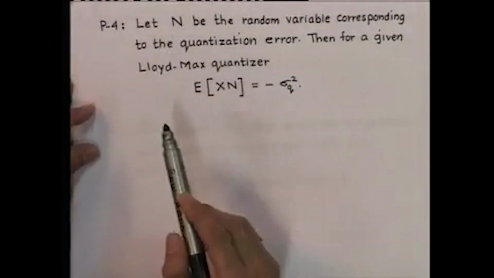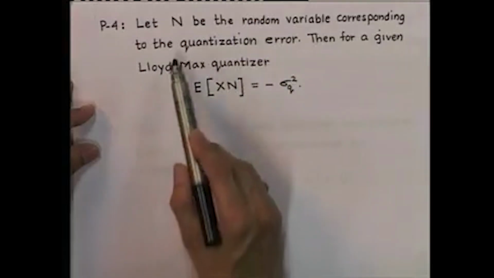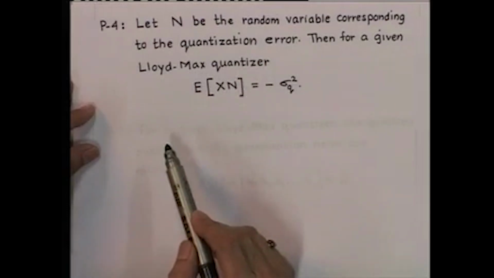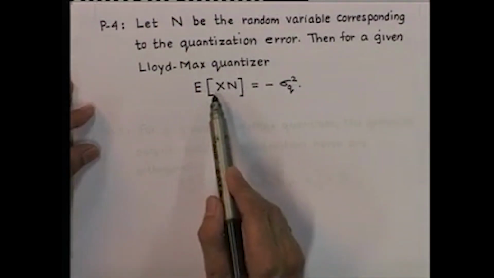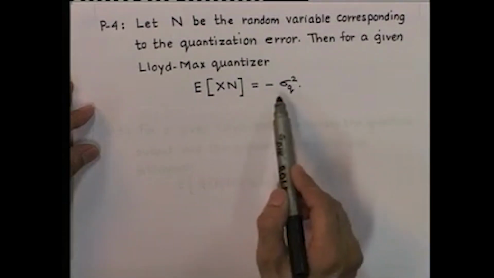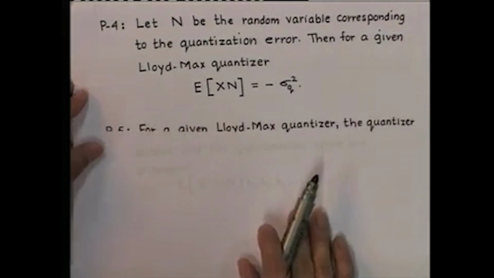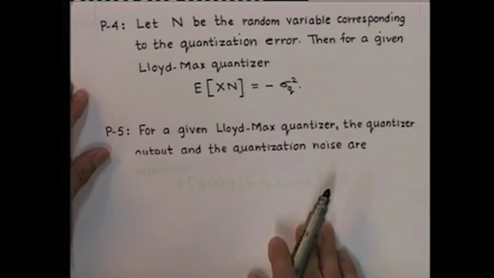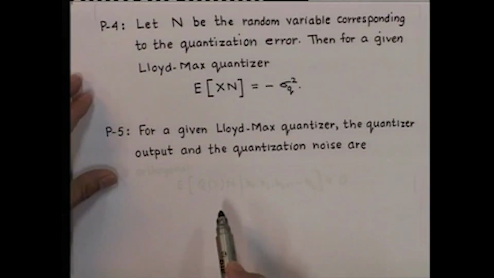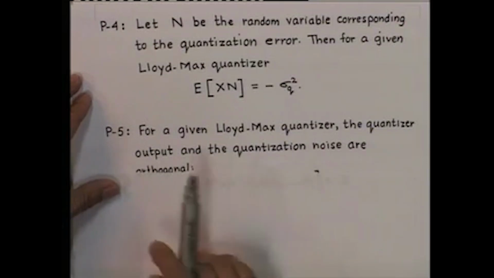The fourth property says that if n denotes the random variable corresponding to the quantization error, then for a given Lloyd-Max quantizer, expectation of the random variable x and n is equal to minus sigma q squared. And finally, for a given Lloyd-Max quantizer, the quantizer output and the quantization noise are orthogonal.